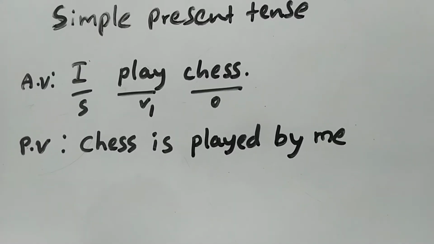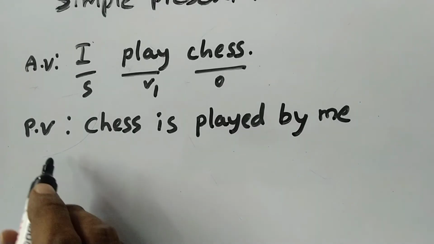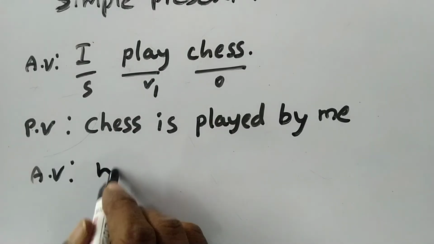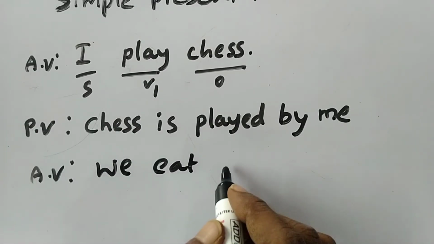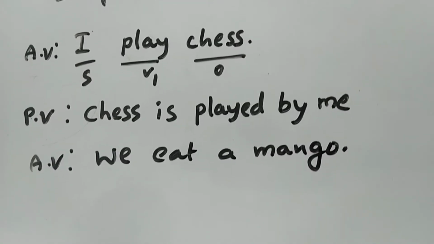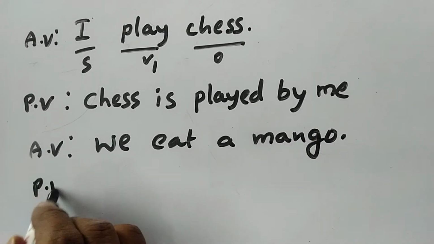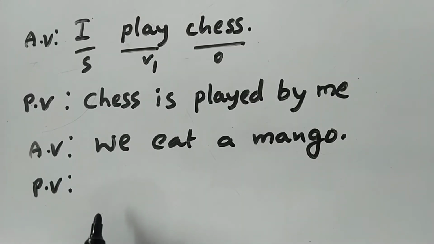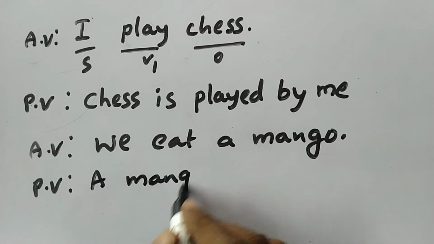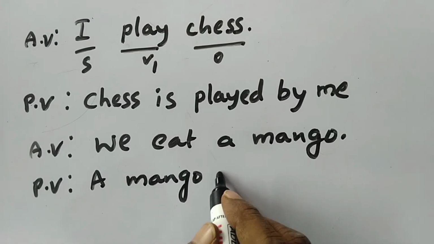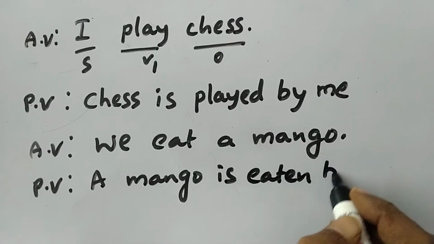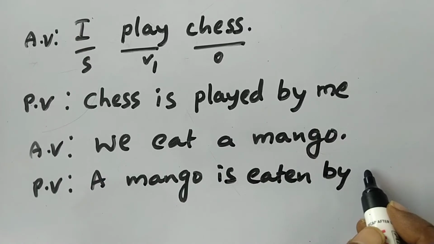Next I want to give another sentence. We eat a mango. PV: a mango is eaten by us. We becomes us.